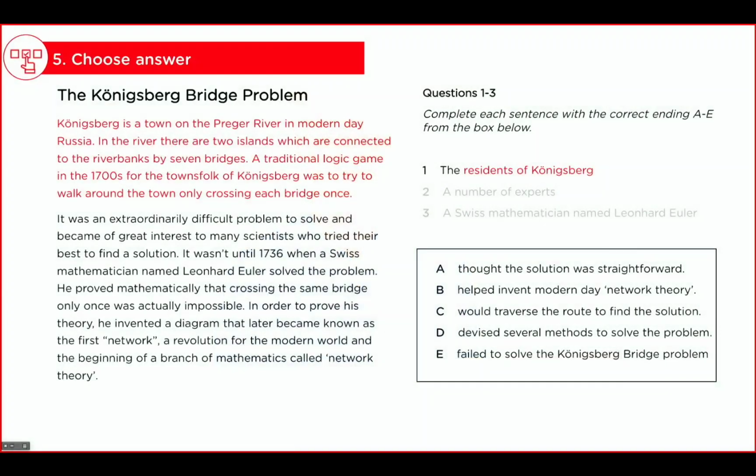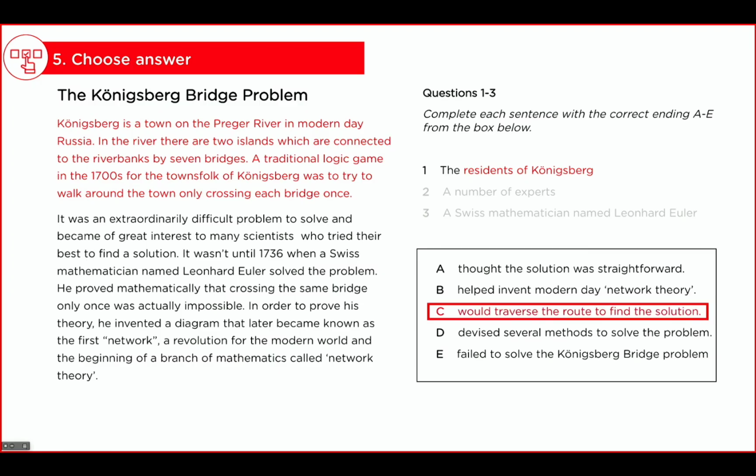Cool, hopefully you've understood that, because then what you're going to do is choose the correct ending of the sentence here. So the residents of Königsberg thought the solution was straightforward, helped invent modern-day network theory, would traverse the route to find the solution, devise several methods to solve the problem, failed to solve the Königsberg Bridge problem.